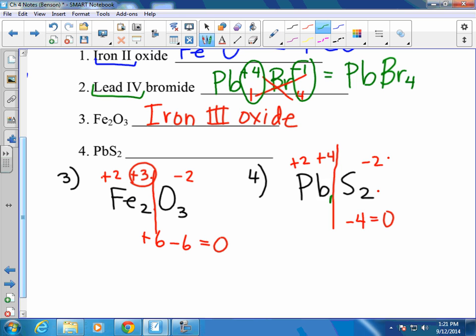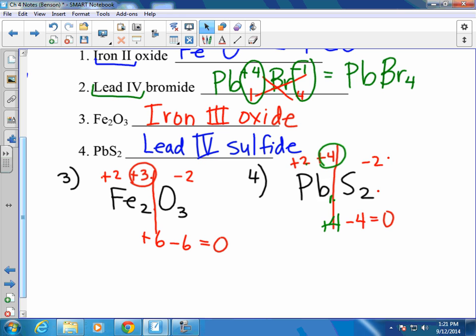There's not a subscript there, so it's 1. Well, is 1 times 2 to plug in here equal to 0, or 1 times 4? Hopefully you're saying 1 times 4 equals 4, and that's going to equal 0, so I have to have lead 4. Again, use your Roman numerals. So lead 4 sulfide, not sulfur, it's sulfide.